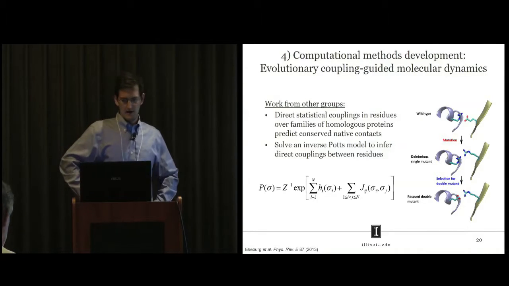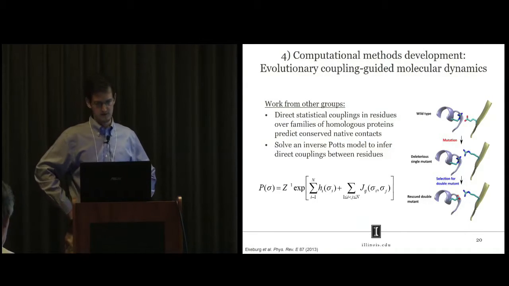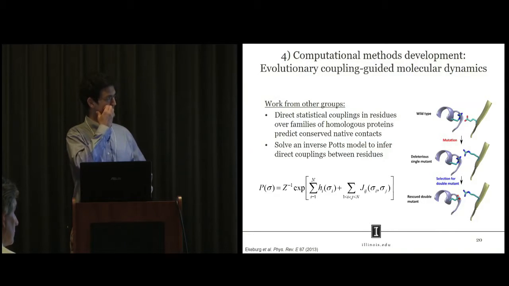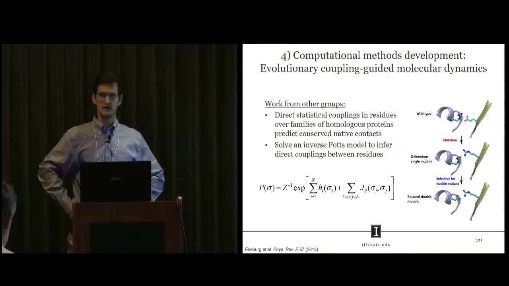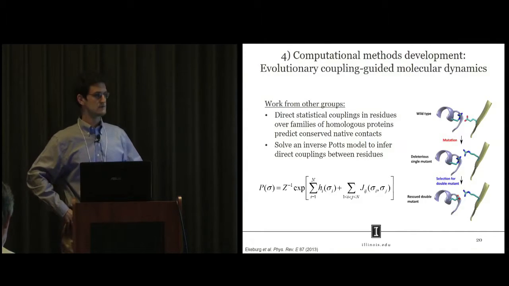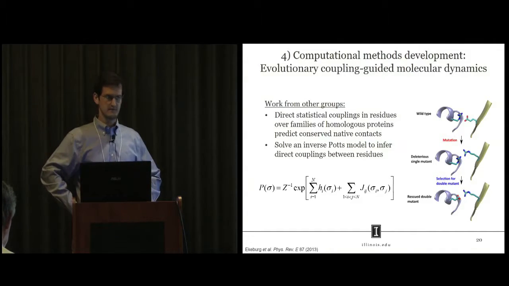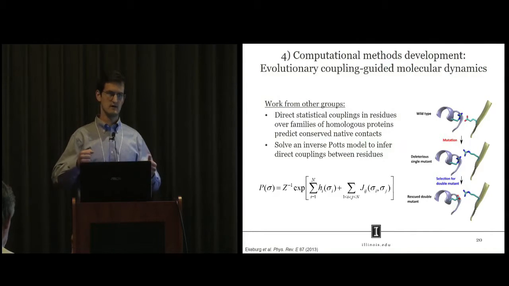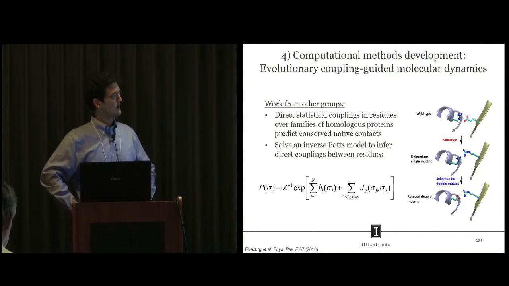And finally, a computational method we've developed. So the basis for it is the idea of evolutionary coupling in proteins. So evolutionary couplings are correlations in residues, so basically appearance of residues throughout evolution.